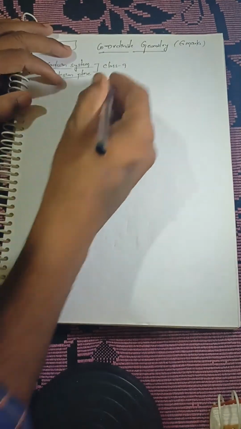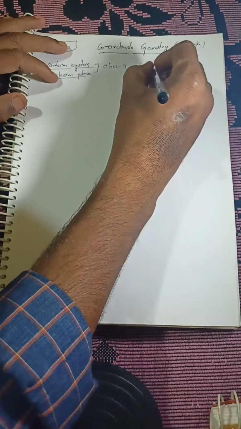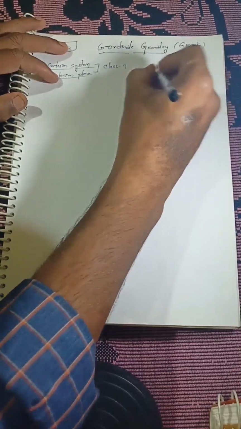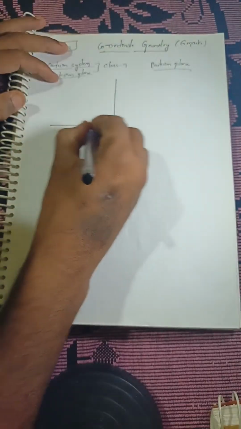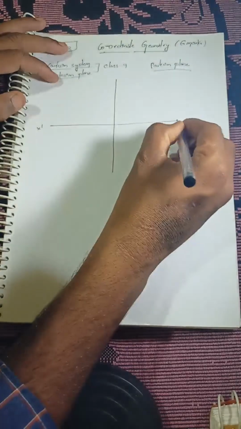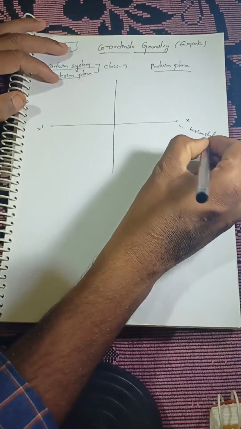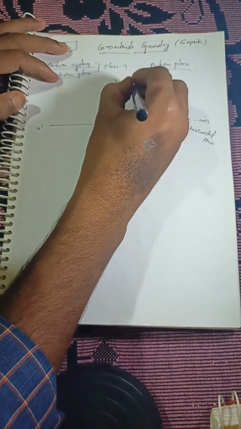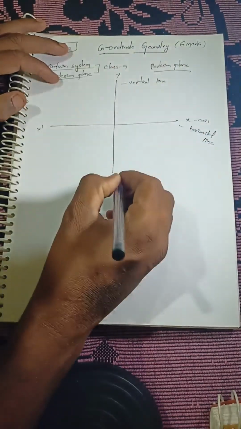In coordinate geometry we have planes, the Cartesian plane. In the plane surface, in a Cartesian plane we are taking two perpendicular lines. One is x dash, called the horizontal line. The horizontal line we read as the x axis, and the vertical line we read as the y axis.